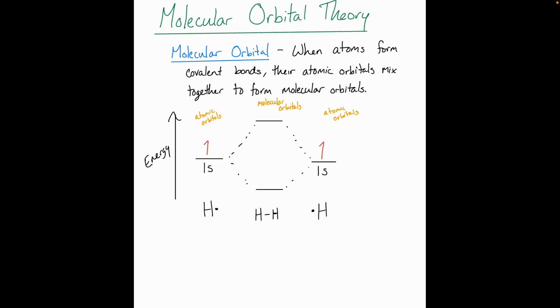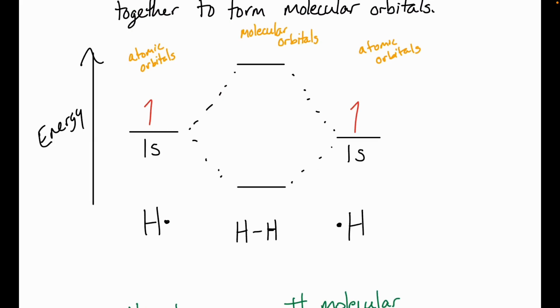The number of atomic orbitals that you mix will always equal the number of molecular orbitals that are formed. And one of these molecular orbitals is lower in energy than those atomic orbitals. We call this the bonding orbital. But the other one is high energy. We call this an anti-bonding orbital.